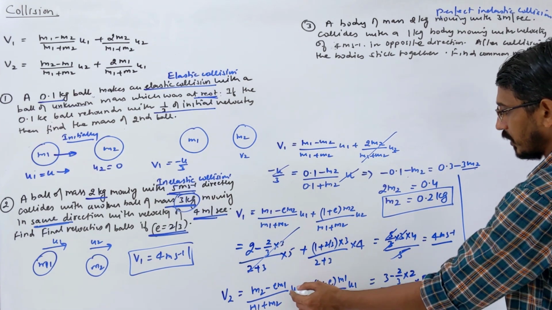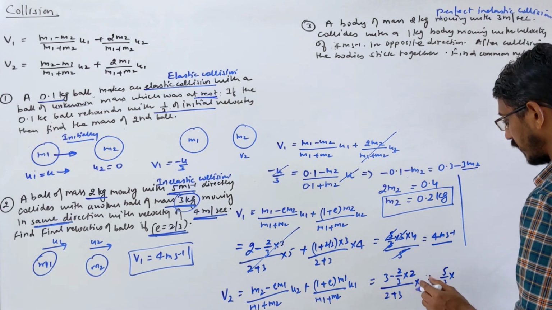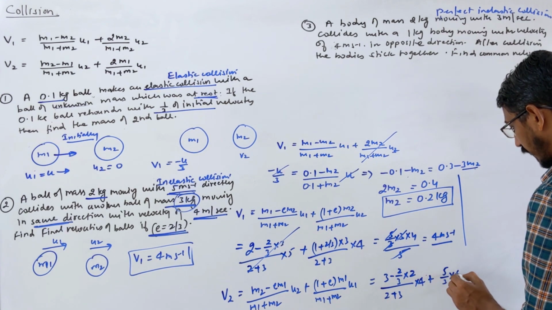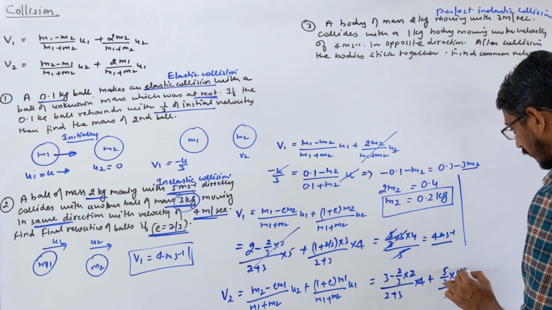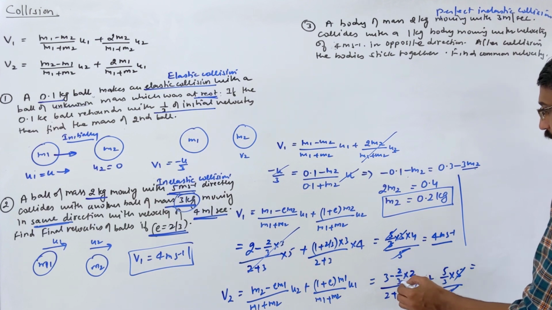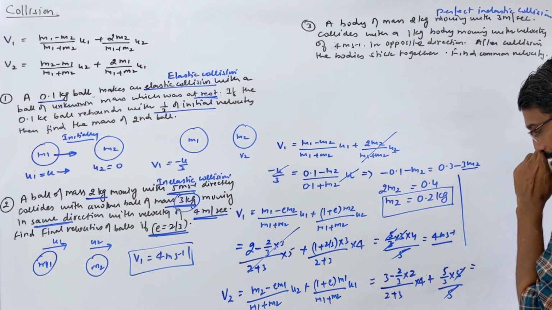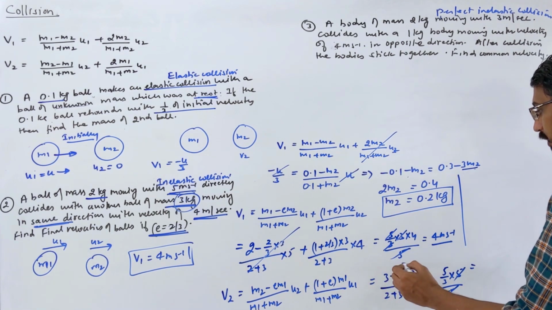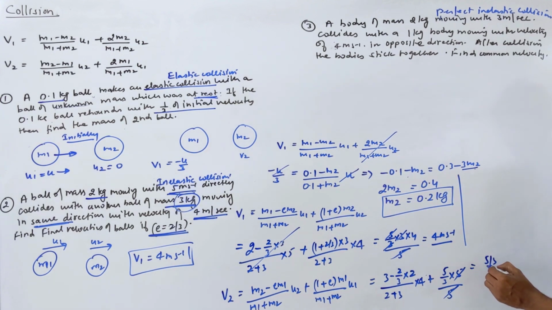I wrote it a little wrong here. I should write u2 here, u2 was actually 4, and u1 will come here as 5. So if this gets cancelled and you solve this number, how much will it come to? This becomes 4/3, and this becomes 9 minus 4, which is 5/3, 5/3 divided by 5, and there is one more 4 here, so this gets cancelled.